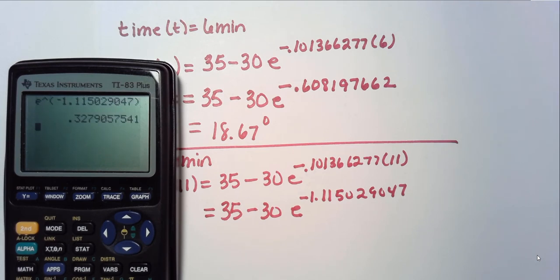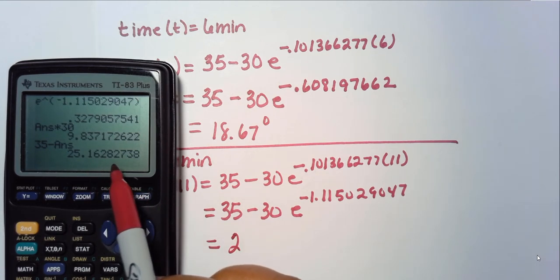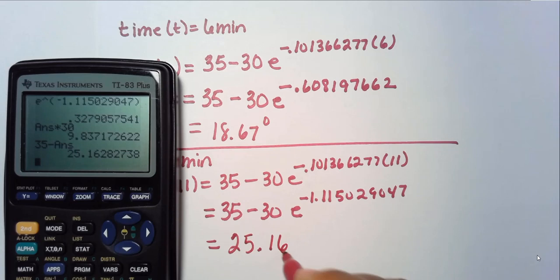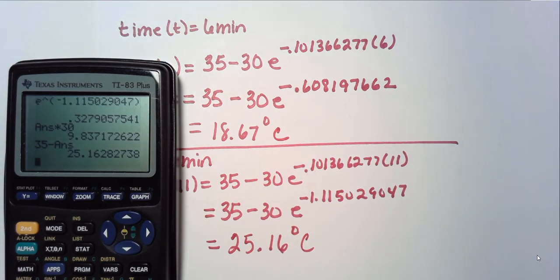Press enter. I'm going to times 30 to that. Then 35 minus, and then second and my previous answer, and it gives us 25.16282738. We're going to round to the nearest hundredth, so we have 25.16 degrees Celsius after 11 minutes.